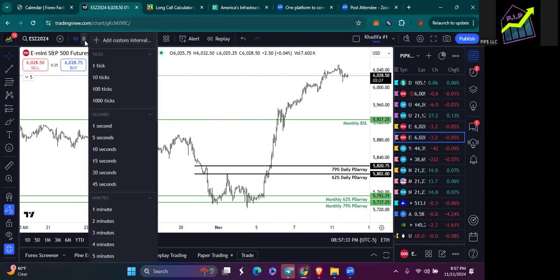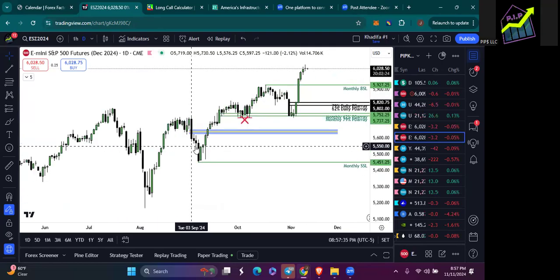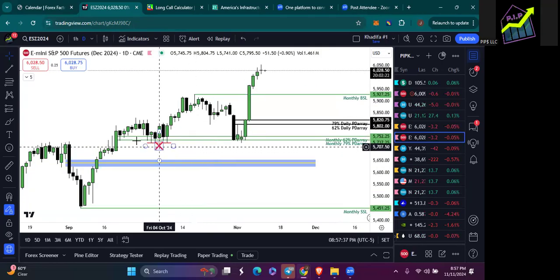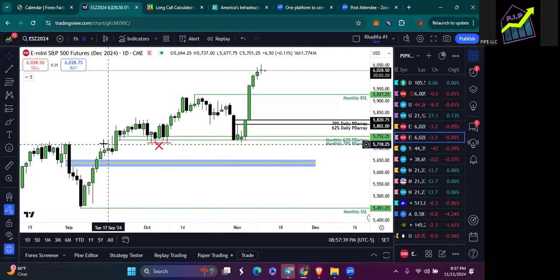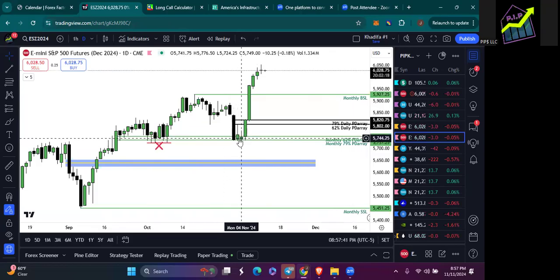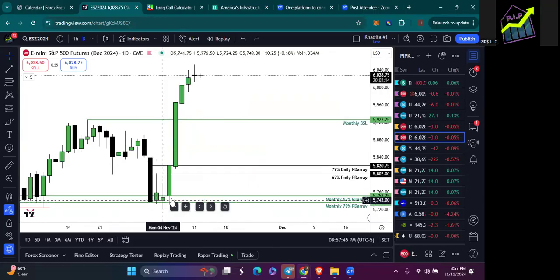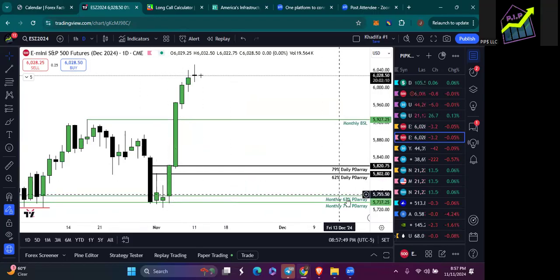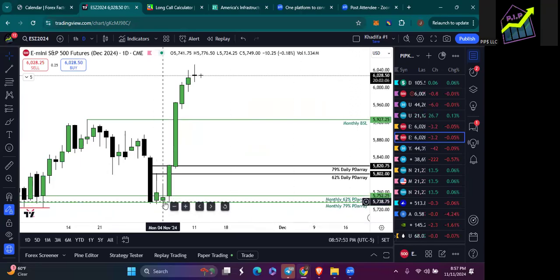Your best opportunity to get in on this buy was off of those monthly PD arrays that you wanted to see price retest, right? We seen price retest it. The body of these daily candles is respecting the hell out of those monthly PD arrays, right?